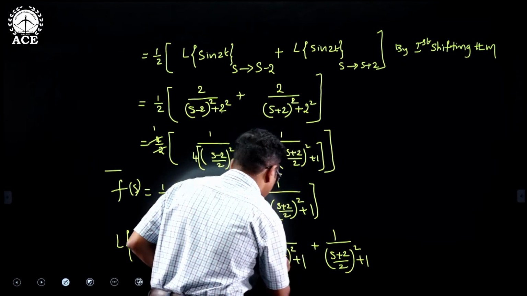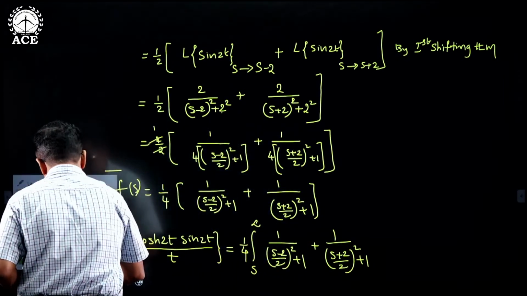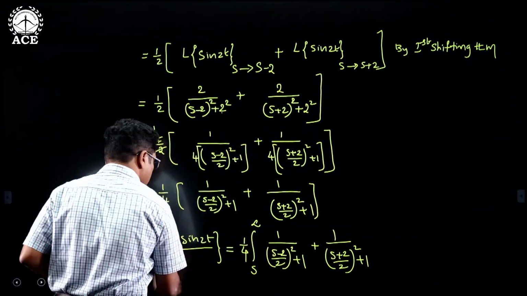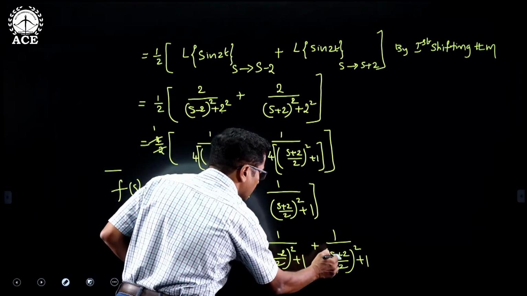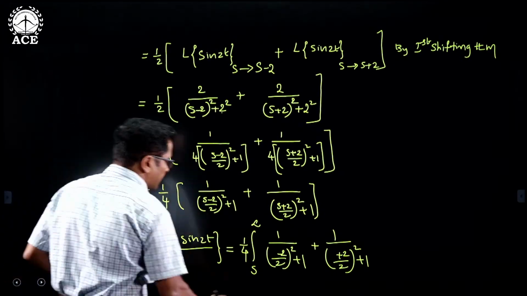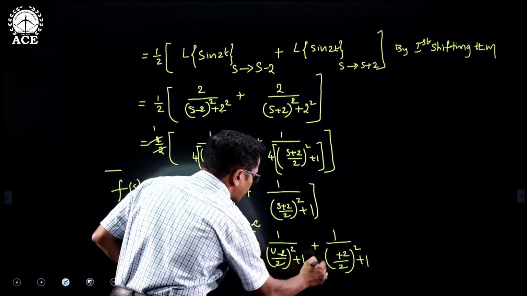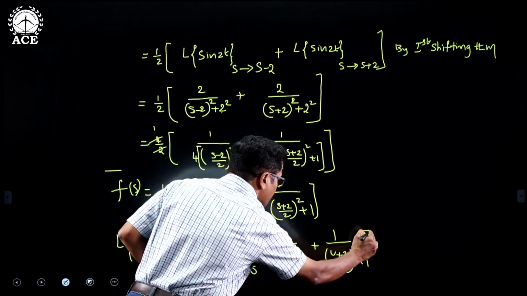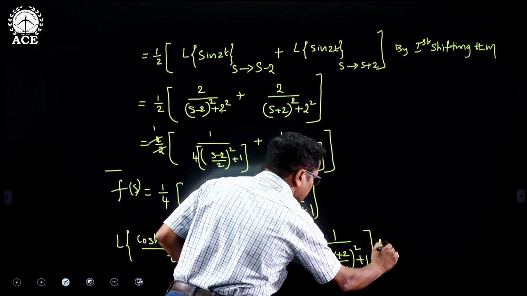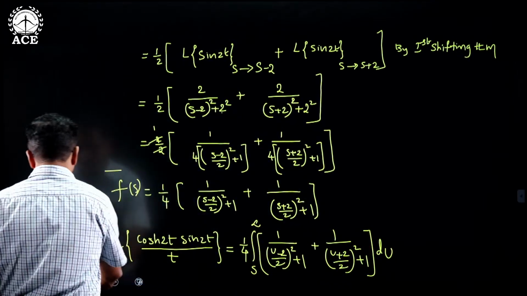Sorry, here I have to write u now, because I took it as u. So it is u minus 2 whole square, u plus 2 whole square, into du.